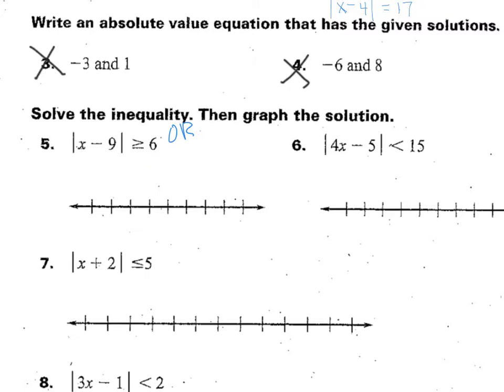Number 6 is an and problem. So you want to write it as a compound. Just attach the negative 15 and then bring everything else down from there. Remember, what you do to the middle, you have to do to every side. 7 is also an and, so you're going to set it up like 6.